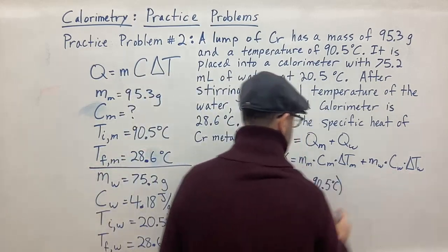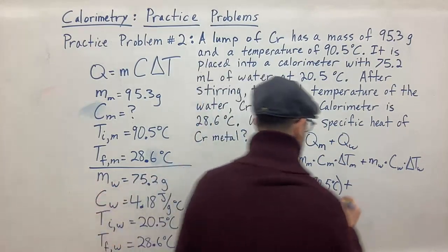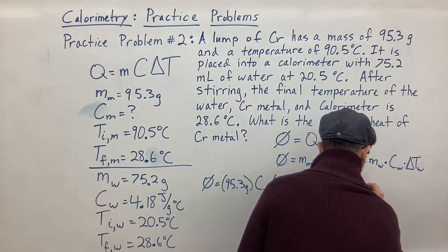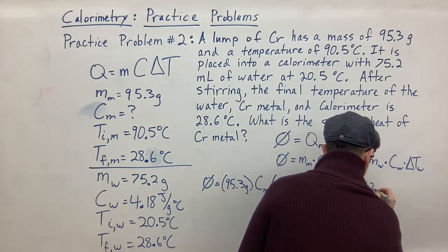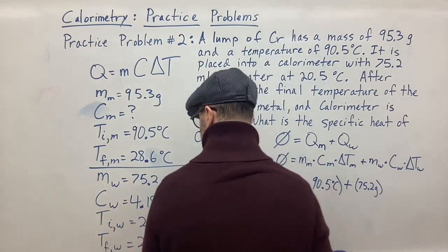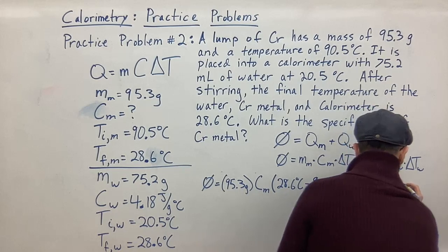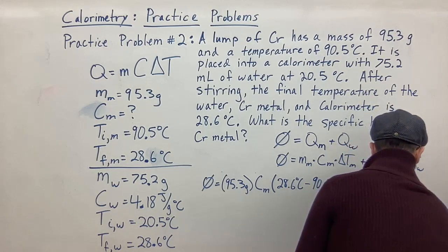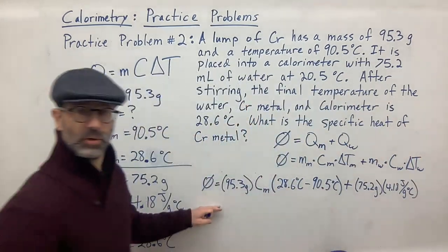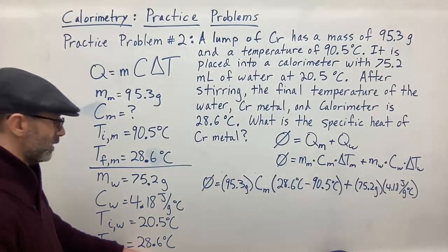Now we'll do the water part. So we just plus, and then we do the water. It's going to be the mass of the water, which is 75.2 grams, multiplied by the specific heat of the water, which is 4.18 joules per gram degrees Celsius. Okay, and then we have our temperature change, final minus initial.